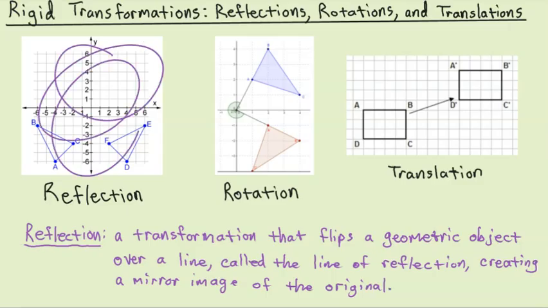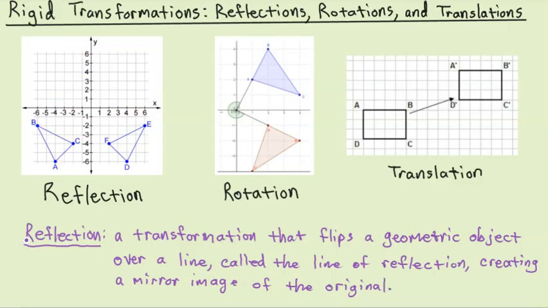So over here we have a reflection. If this is the original, this is the line of reflection, and this is the mirror image of this. So everything over here gets reflected, but sort of reversed. You know how in a mirror image, the image is sort of reversed? Well, this is the reversal of this image, and that's why it's a mirror image, okay? And that's called a reflection.